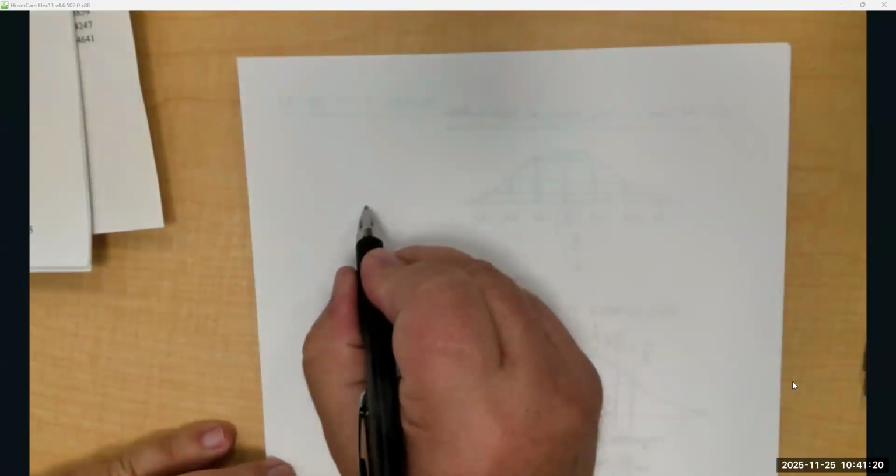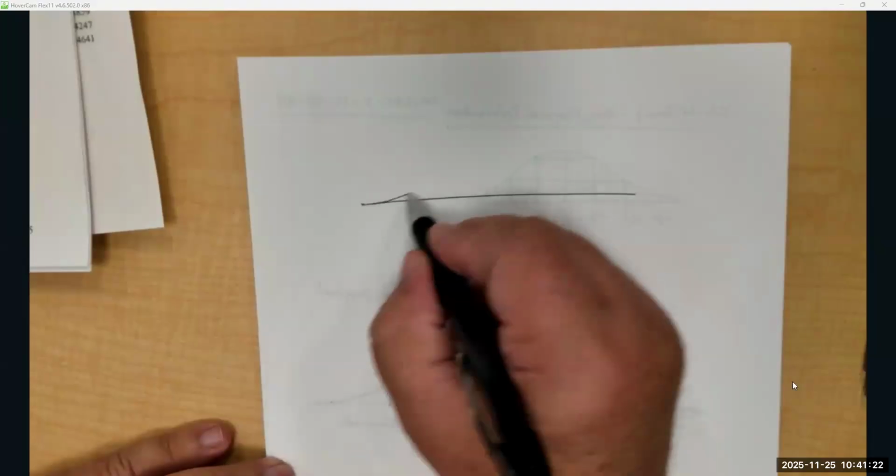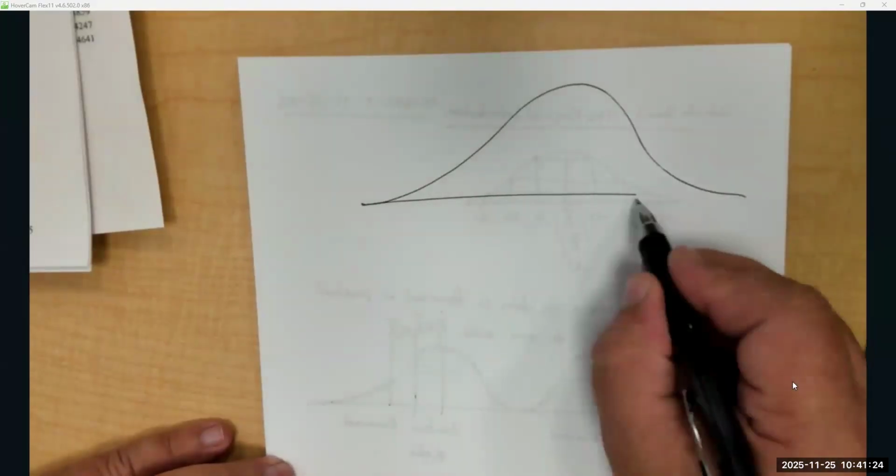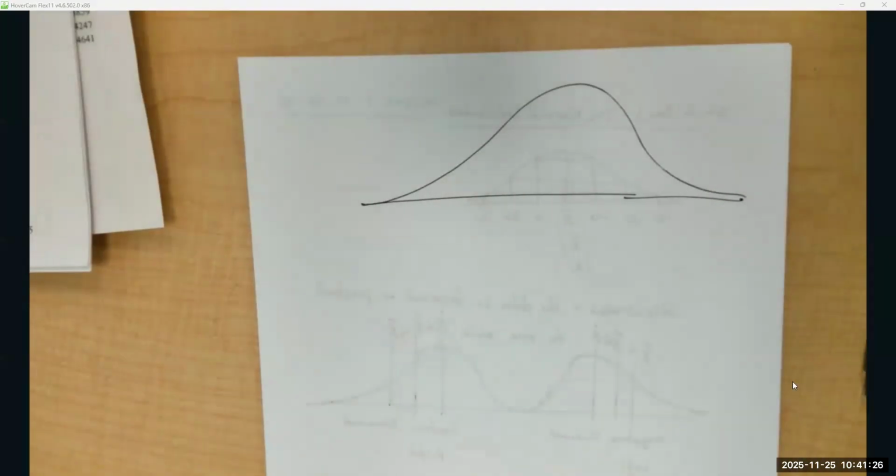Let's see an example here. So when we create the bell curve, how do we get it? We know by looking at the mean, median, mode, we can define the bell curve. How does this relate to what we just talked about in percentiles and quartiles and deciles?